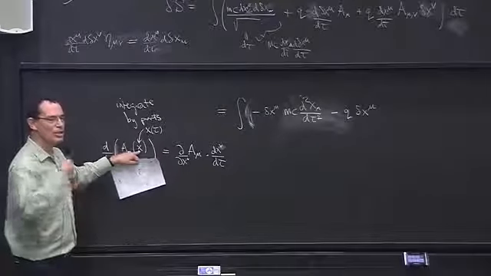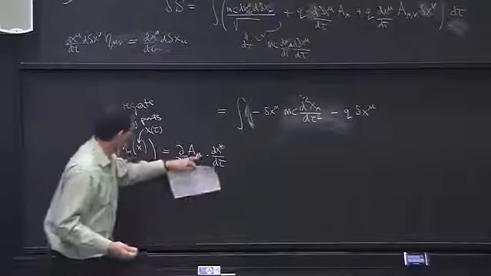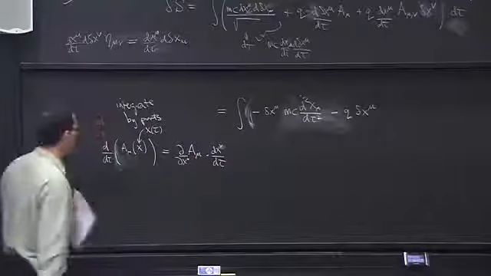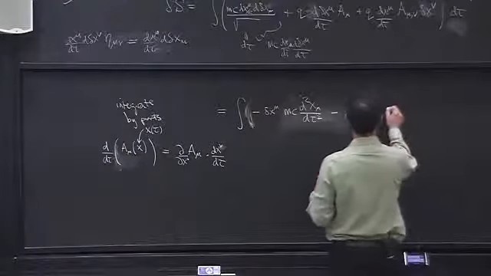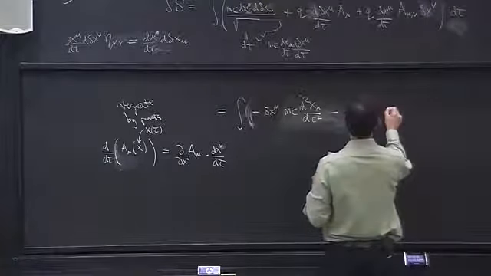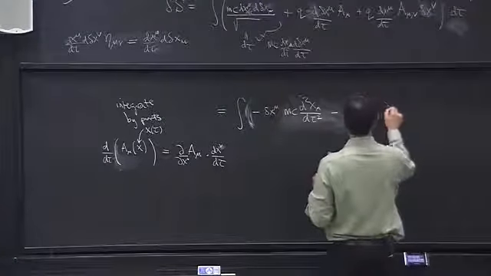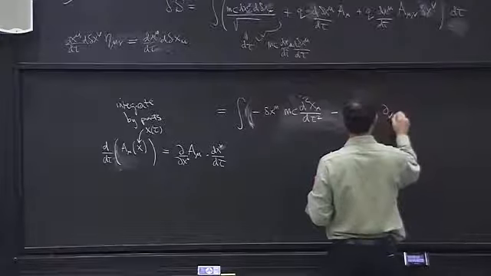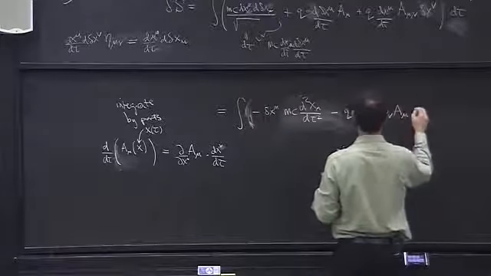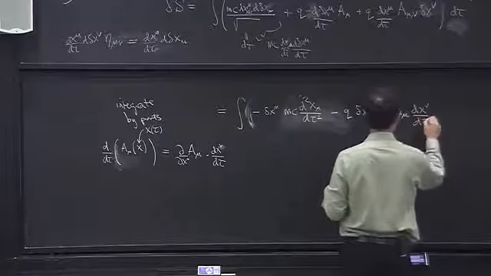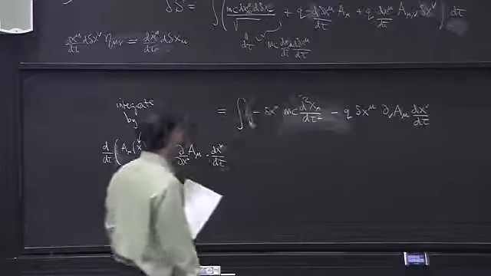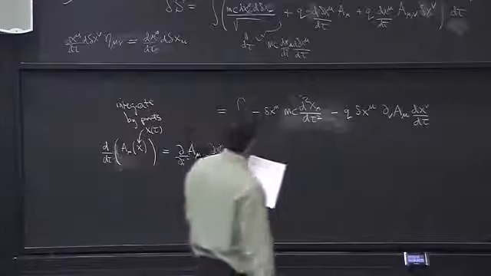I first differentiate with respect to the argument, then I differentiate the argument with respect to tau. Okay, good. So in this term, we've got d nu A mu dx nu d tau. So that's the second term.